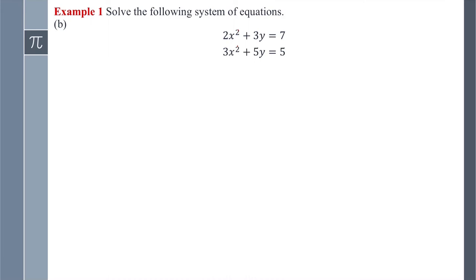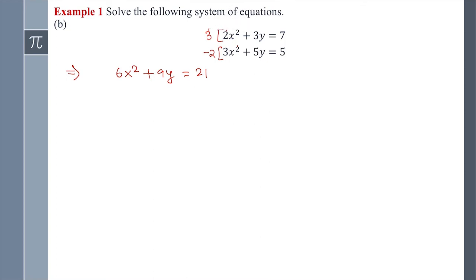So we'll multiply the first equation by 3 and the second equation by negative 2. When we do that, we get negative 6 and positive 6 as the coefficients of x squared. So we get 6x squared plus 9y equals 21, since 3 times 2 is 6, 3 times 3 is 9, and 3 times 7 is 21.